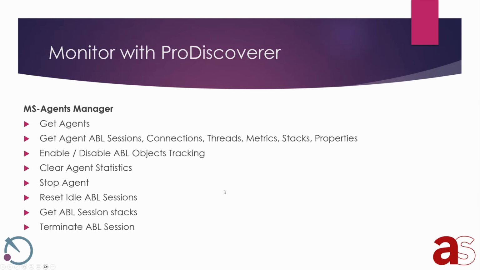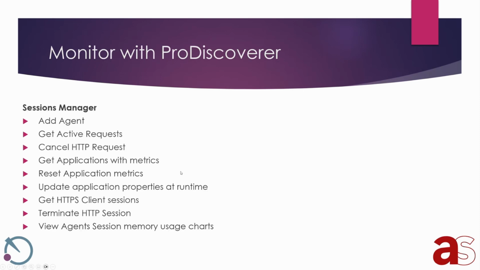So, things you can do. I'm going to run through these very quickly so we don't spend too much time on slides, but look more at what we can do as part of the demo. We have a number of things we can do around agents on the PAS side: various agent sessions, connections, and so on. We can start agents, stop agents, reset agents, clear agent sessions, and so on.